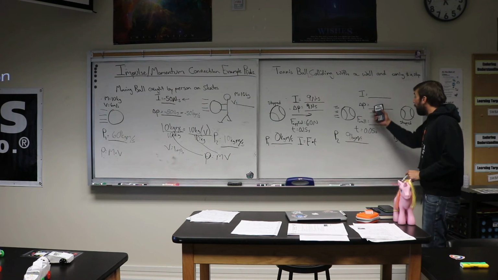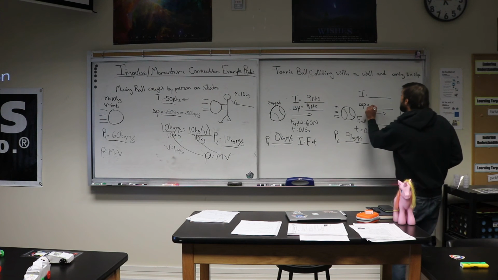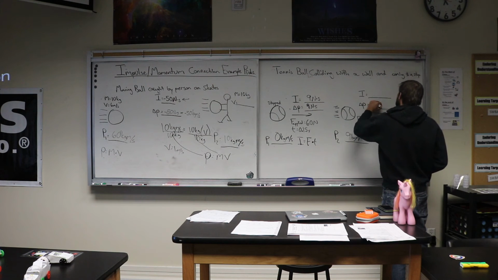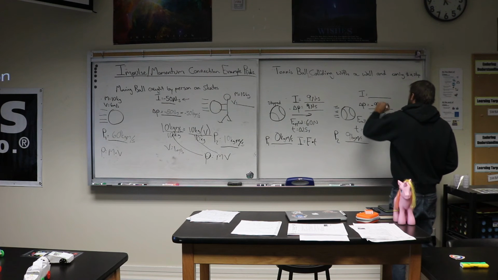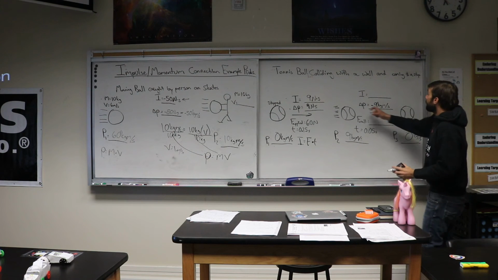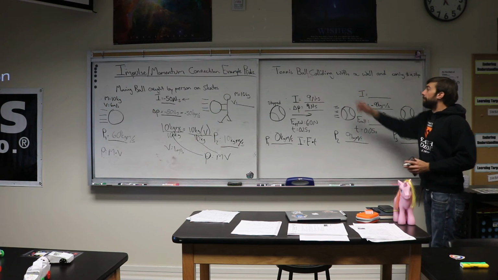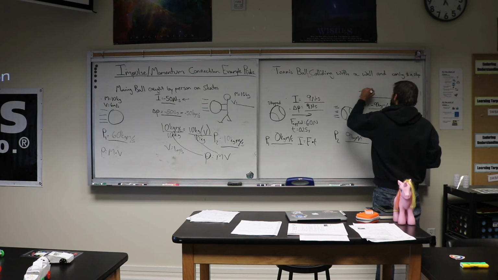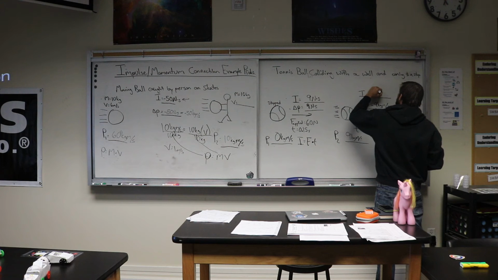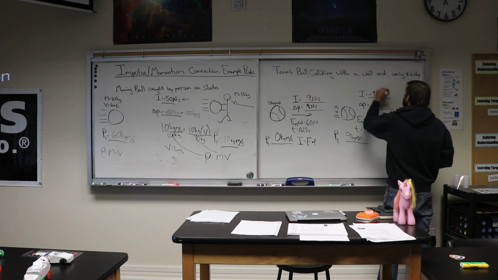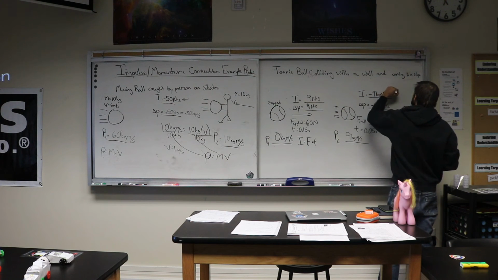And our change in momentum is going to be negative 9 kg m over s, right? And remember, momentum change equals impulse, so minus 9 kg m over s, or Newton seconds.